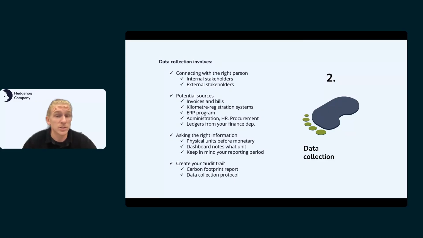Second, of course, especially when you're diving more into the supply chain, we're also looking at external stakeholders, mostly suppliers and maybe other stakeholders like users or end consumers. So what are potential sources? I've listed just a few that came from the top of my mind.